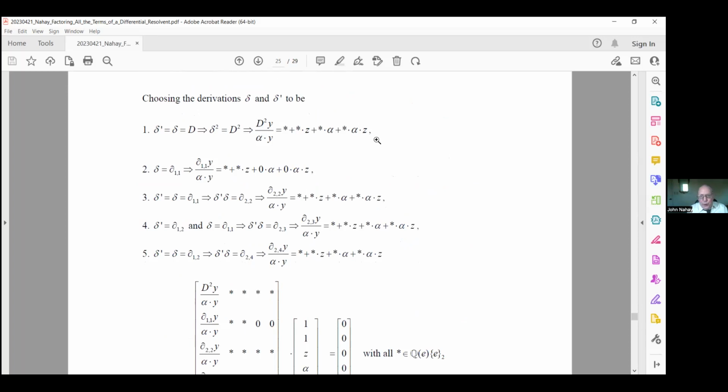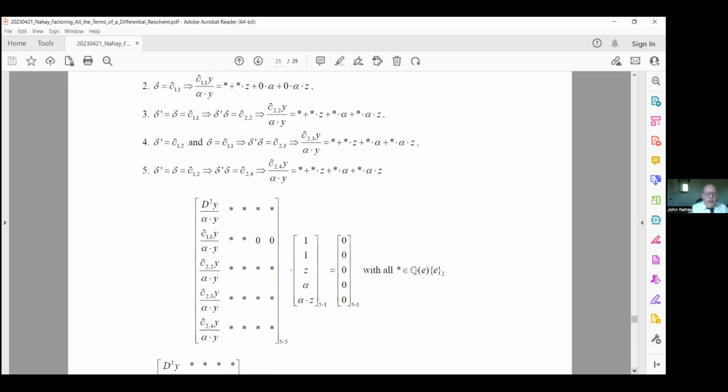Here d squared y over alpha y is basically a dimension 4. When del is del 1 1, again, here it is expanded. I just happen to have 0 for these two terms. When del prime equals del is del 1 1, you get here del 2 2 y over alpha y, again a vector space over z and alpha.